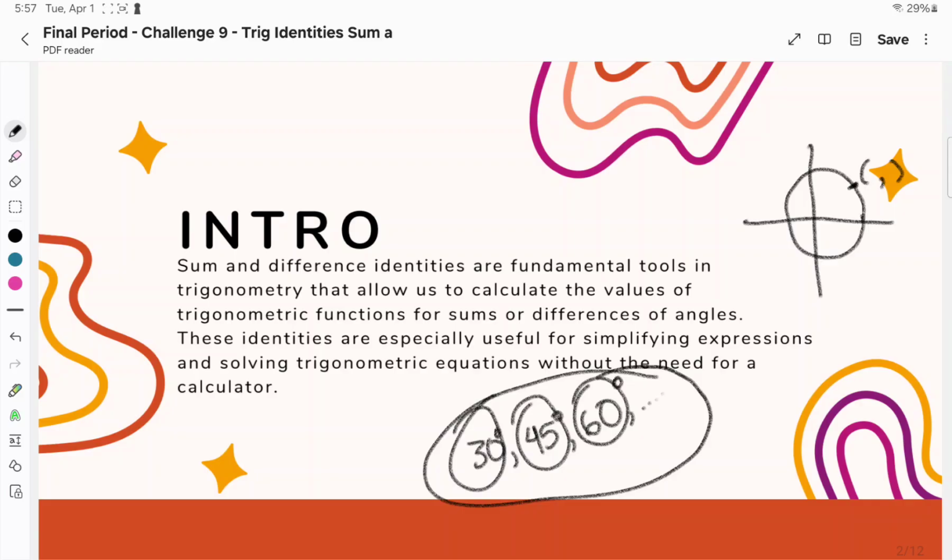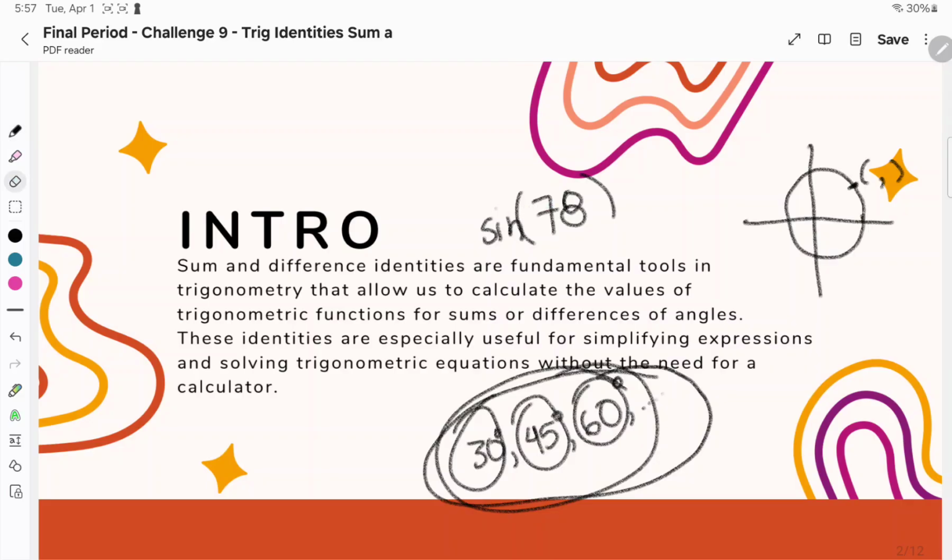So our purpose in this lesson is going to be to find a trigonometric expression, a trigonometric ratio of a certain angle that is not a special angle, for example, the sine of 78. It's an example. By using the special ones, okay?